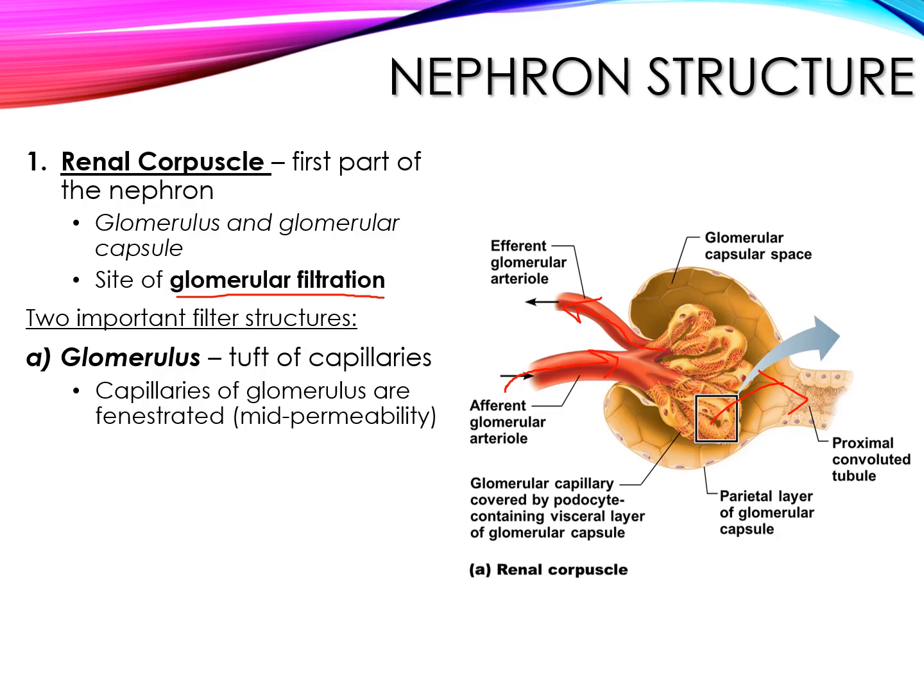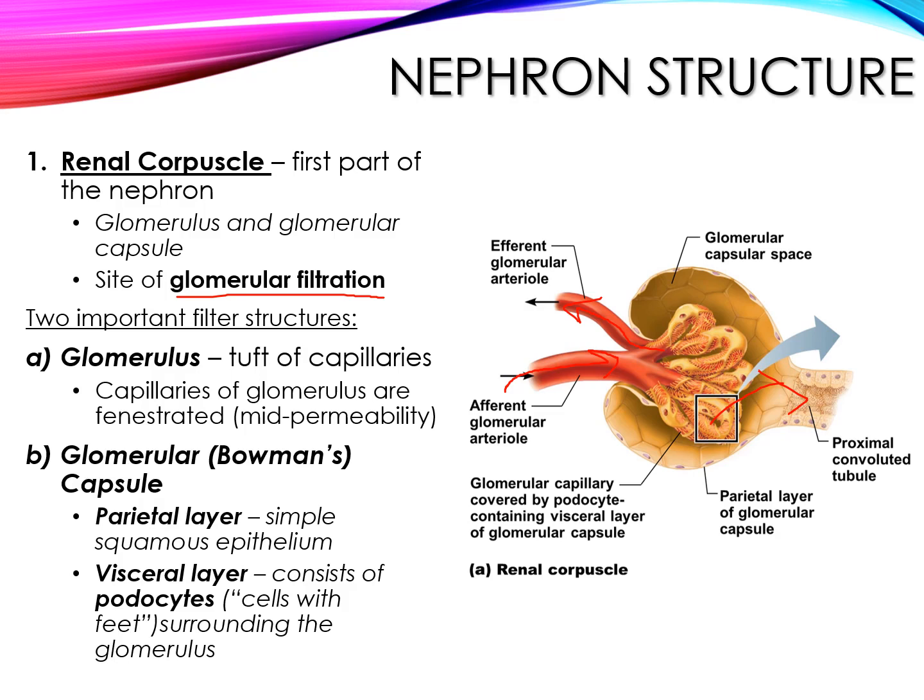We said the fenestrated capillaries are quite permeable, kind of middle of the range in permeability. So these are a little more permeable than most of our normal capillaries in our body, but not quite as permeable as those sinusoids, like we said, in the liver and the bone marrow, things like that.